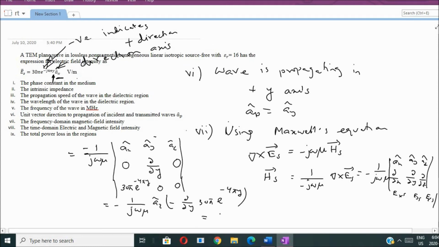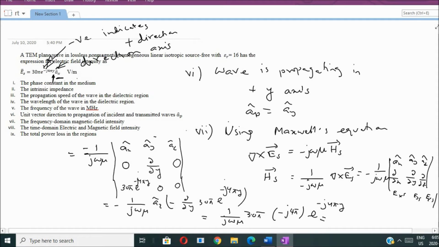Now if you solve it, there are two negatives, so you can write positive 1 over j omega mu, so that is j2. So we have 30 pi and negative j4 pi e to the power negative j4 pi y.